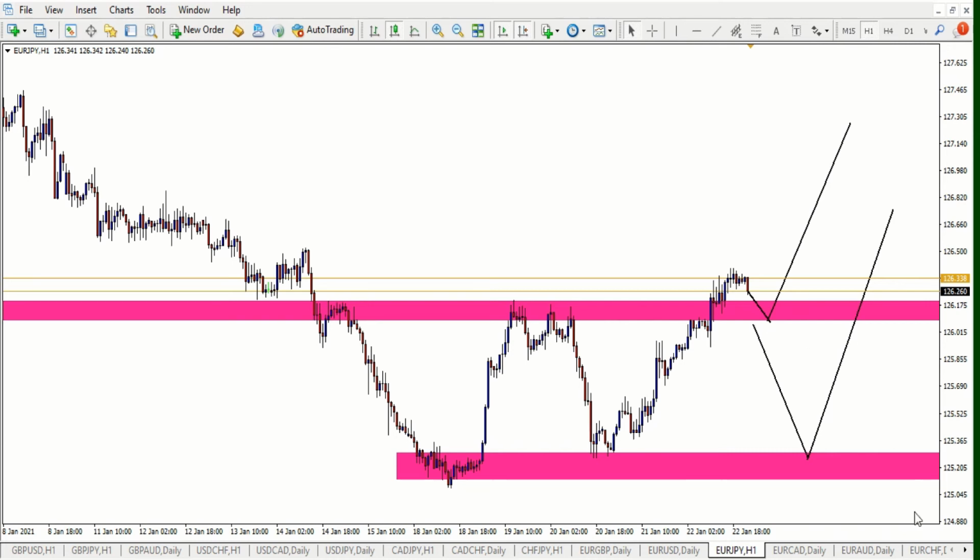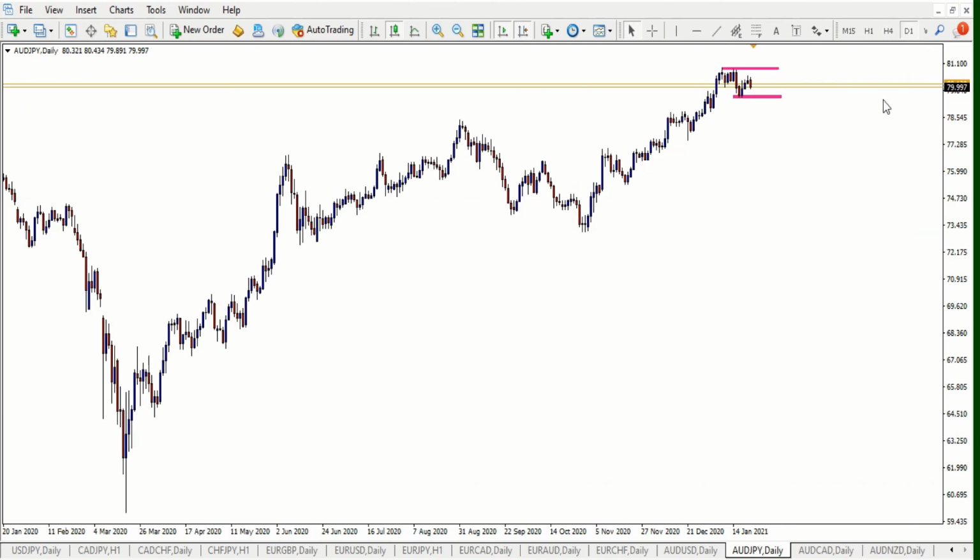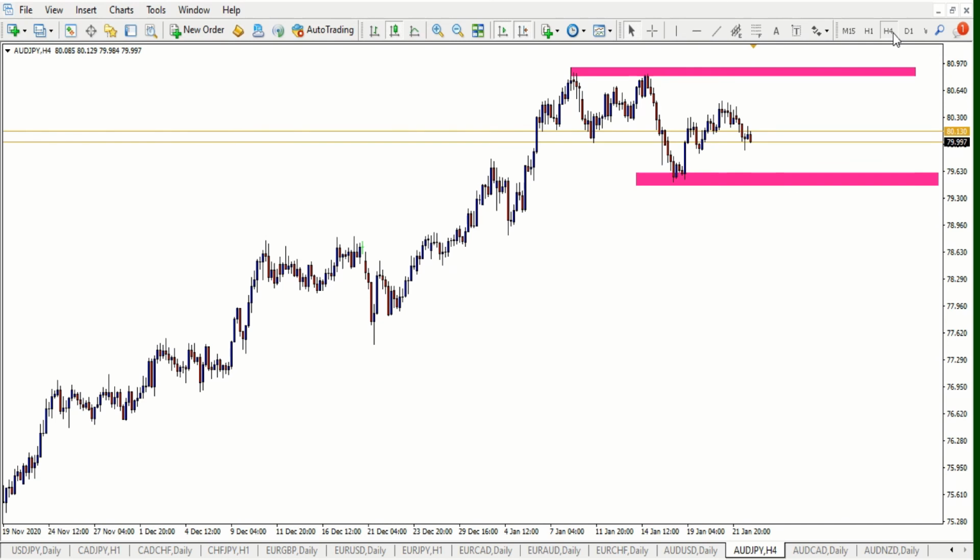Then for our final pair, the Australian dollar JPY. If we go to the daily, you can see that we are in a clear uptrend. On the 4 hour, we need to look at our key levels.